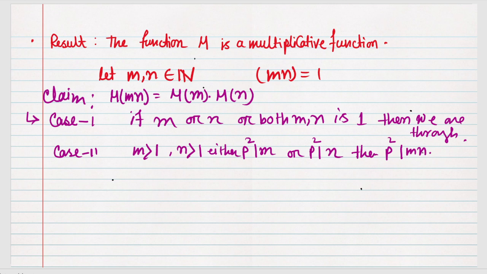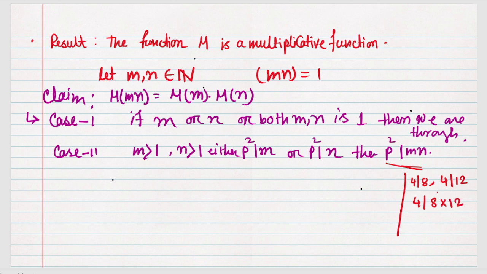Suppose we take another example: 4 divides 8, or 4 is a divisor of 8, and 4 divides 12, which is also true, then we can easily say that 4 divides the product 8 cross 12.